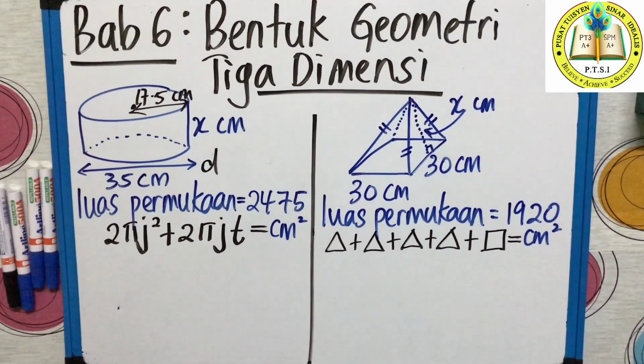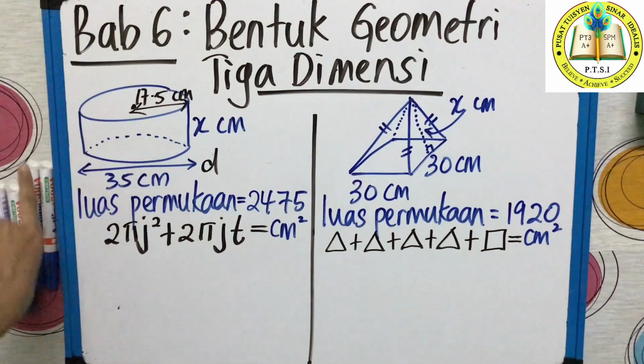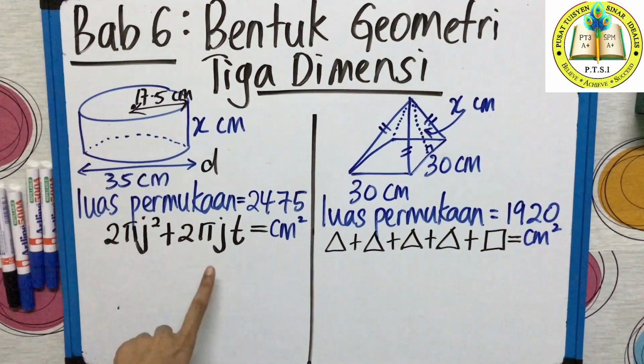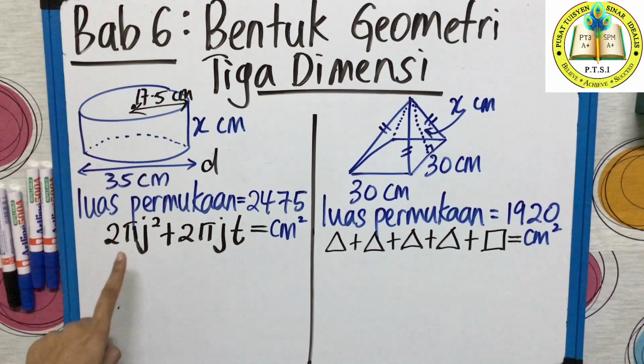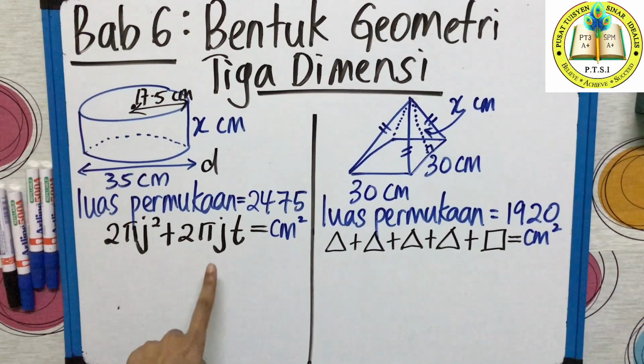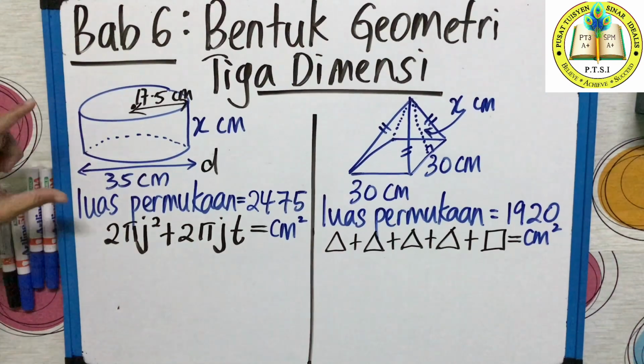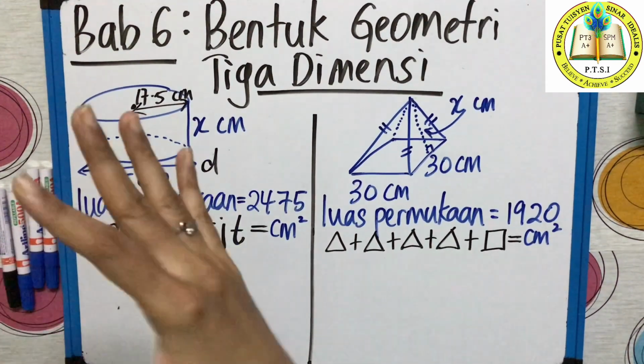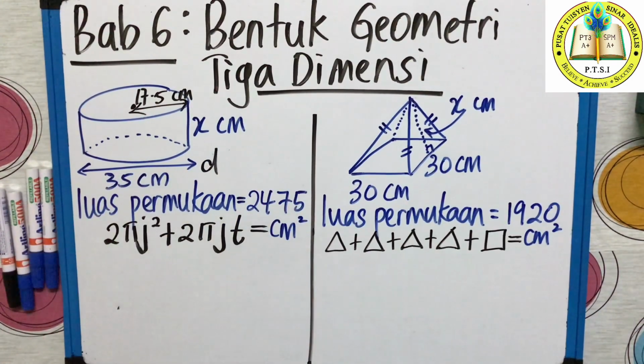If you see here class, the formula luas permukaan silinder adalah 2 pi j kuasa 2 plus 2 pi j t. In English, 2 pi r squared plus 2 pi r h, the height. Jejari is radius, tinggi is height h. For this one, cylinder, bila soalan minta luas permukaan, you must see all the surface area.